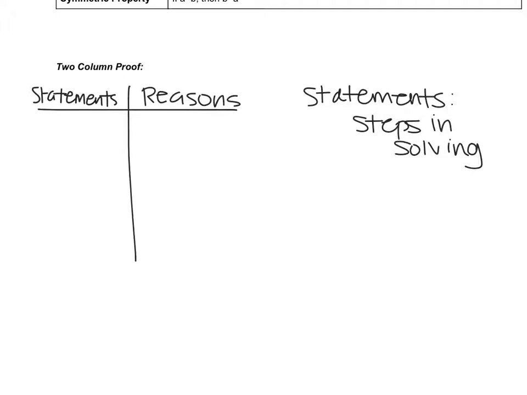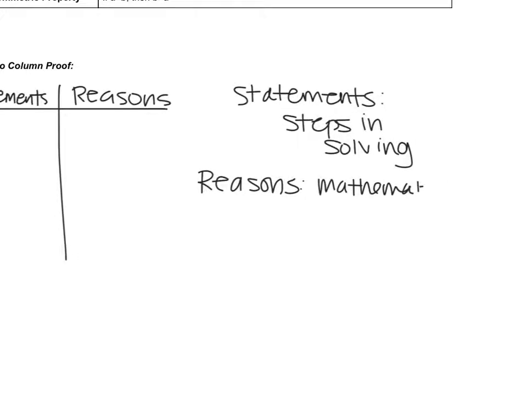Those are the statements that we use, and then the reasoning would be how did you get to each of those steps? So the reasons are mathematical concepts or rules that we use to back up our steps.